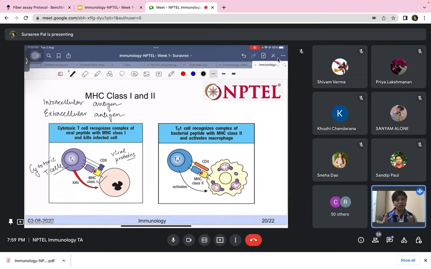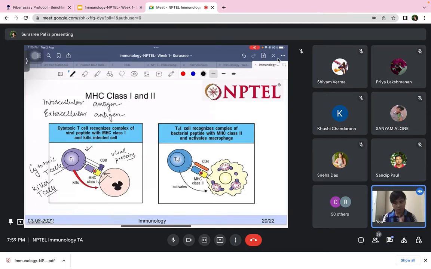That is why they are called cytotoxic, because they are killer T cells. And these MHC class 1 molecules present their antigen to the cytotoxic T cells, and these cytotoxic T cells help to kill this virus infected cell. Okay, so that is about the MHC class 1.